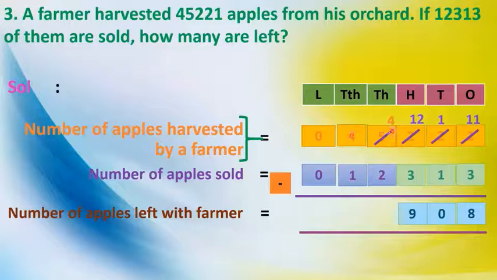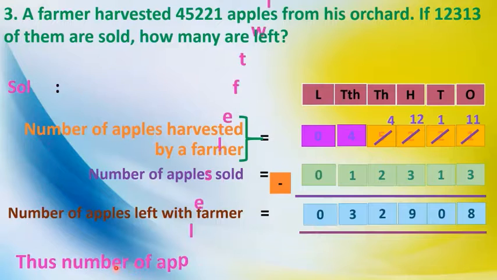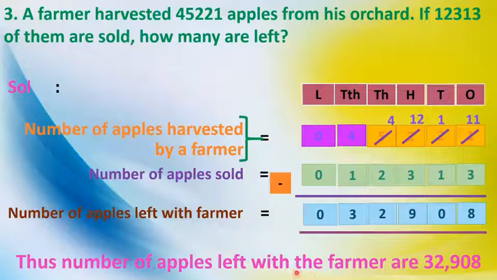And here thousands place, 4 minus 2, 2. And here 10,000s place, 4 minus 1, 3. And here lakhs, nothing is there, 0. Now thus number of apples left with the farmer are 32,908.